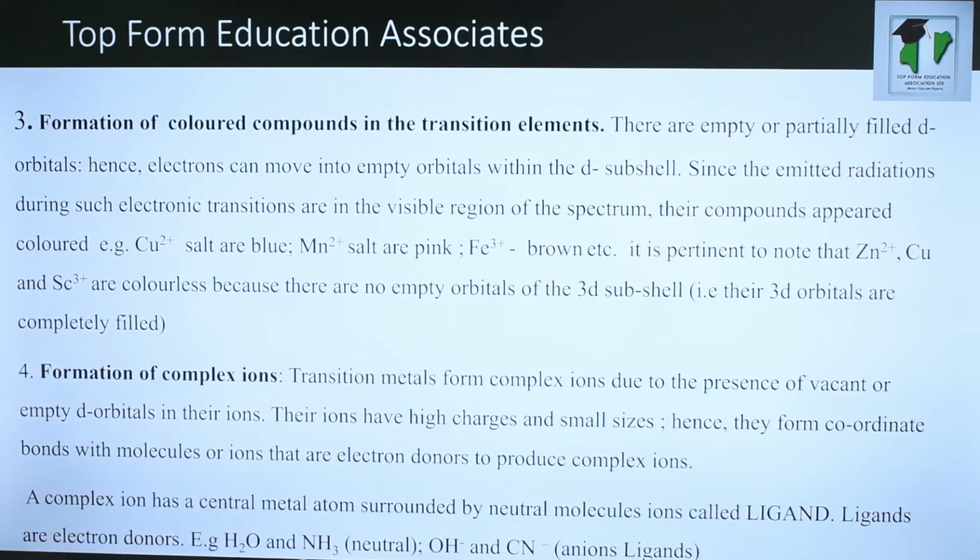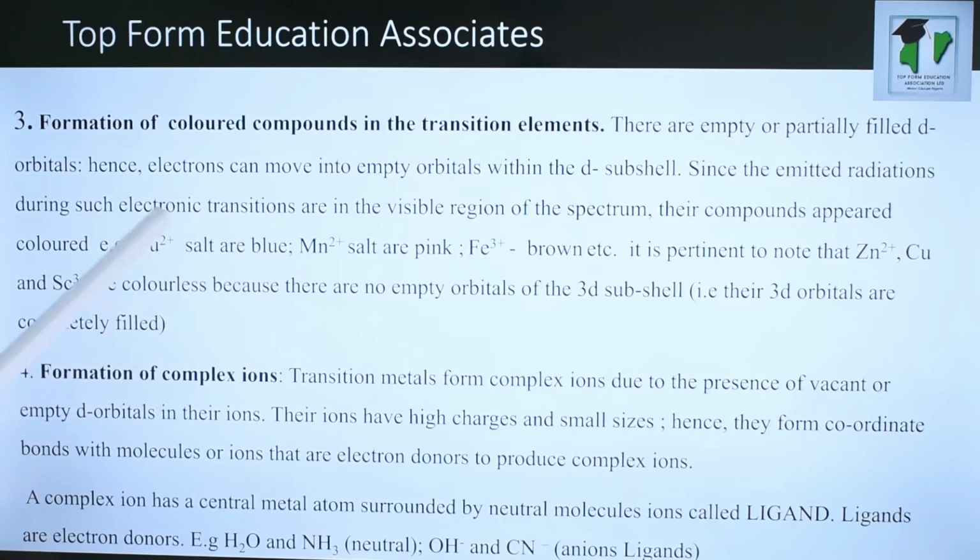Now, if you look at the table, all these elements here are transition metals and they have color. Like I told you earlier on, transition metals have special properties that distinguish them from other metals, and one of them is formation of colored compounds. You can recall in your qualitative analysis, when you add a reagent to a salt that contains any of these metals, these colors will come out.